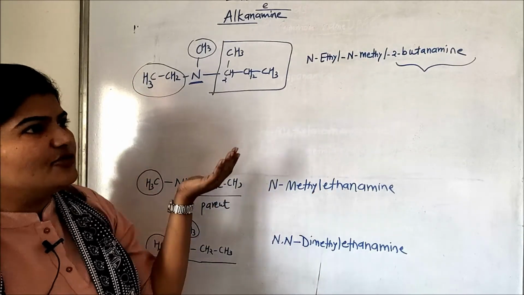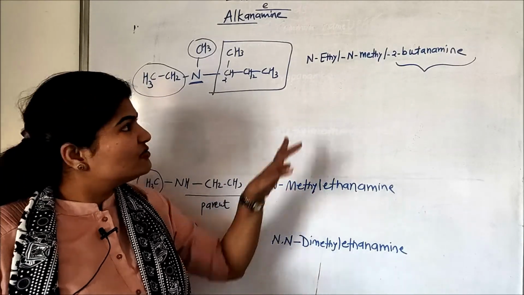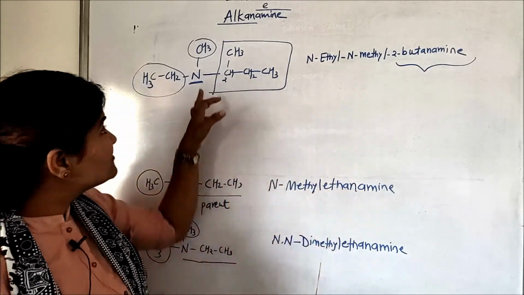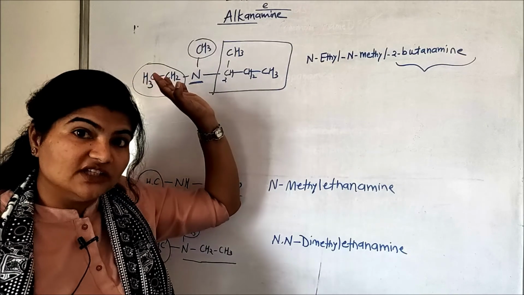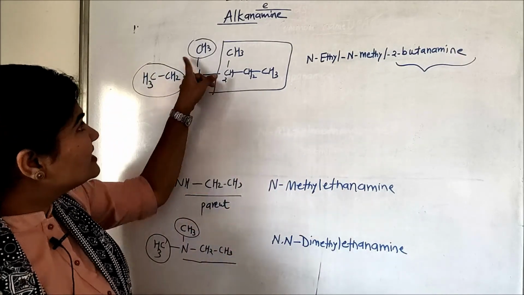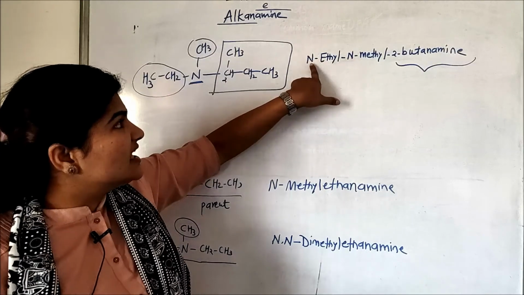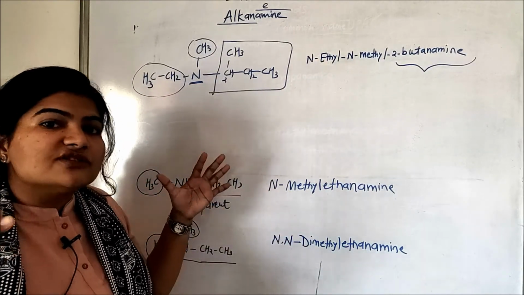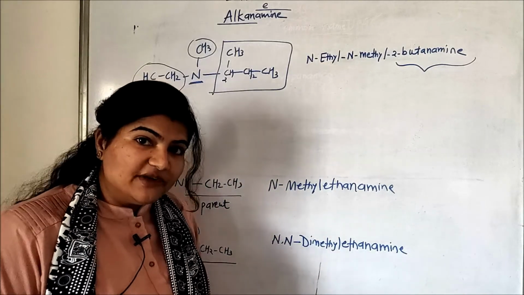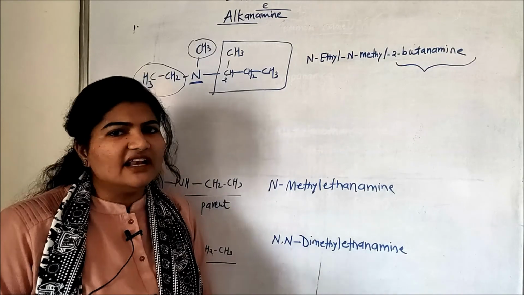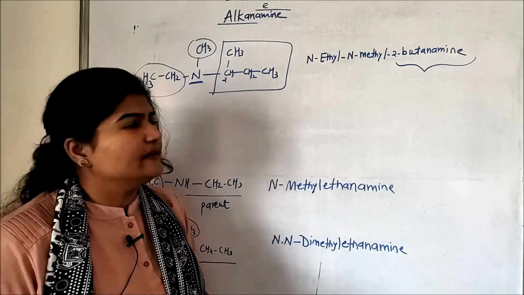If you understand the process of amine formation, you will easily understand this. We are replacing hydrogens from nitrogen in ammonia, and we are putting alkyl groups there. So obviously the alkyl groups will be placed on the nitrogen itself. So for secondary and tertiary, you just find out your parent primary amine. For primary, you just find the parent alkane and put the word amine.